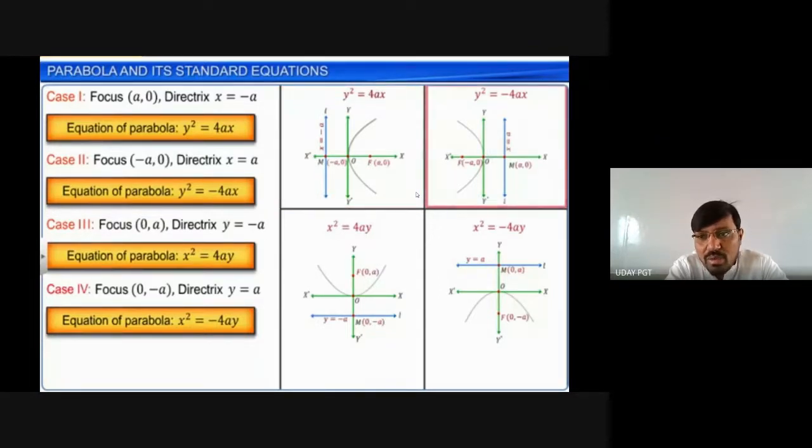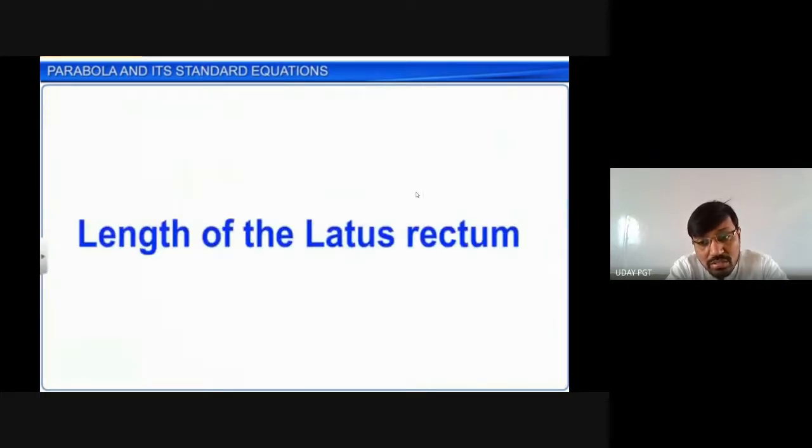Second case, y square equals minus 4ax means the focus is on the x-axis only, but on the left side, meaning negative. Third case, x square equals 4ay, the focus is on the positive y-axis. In the fourth case, x square equals minus 4ay is the equation, meaning the focus is on the negative y-axis and the directrix is parallel to the x-axis.